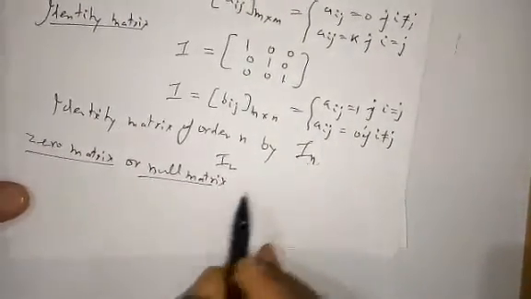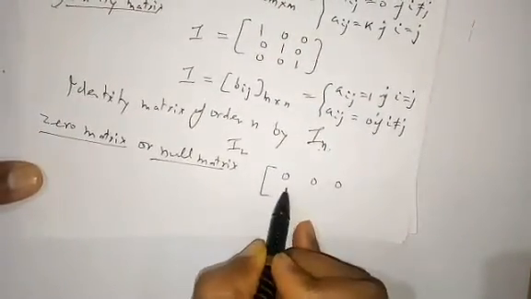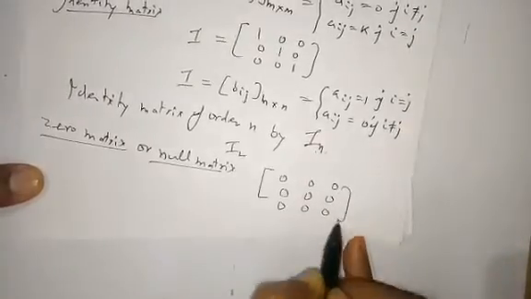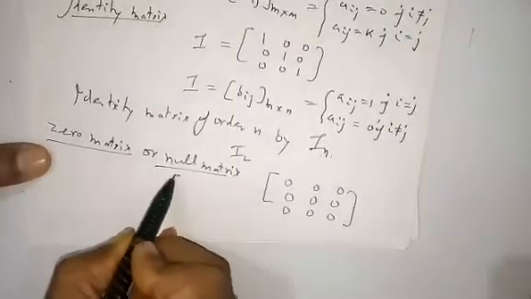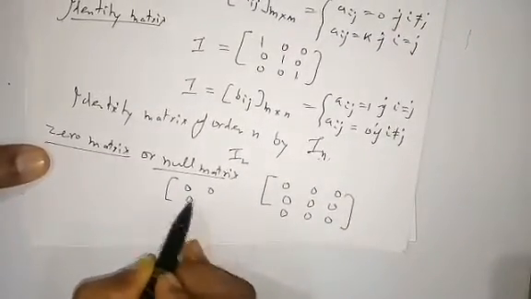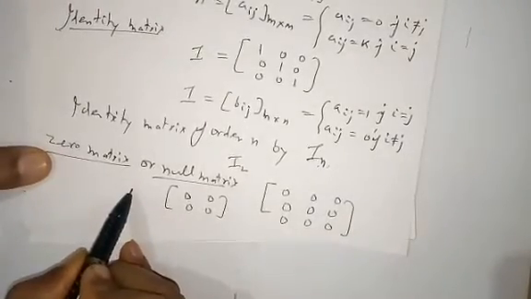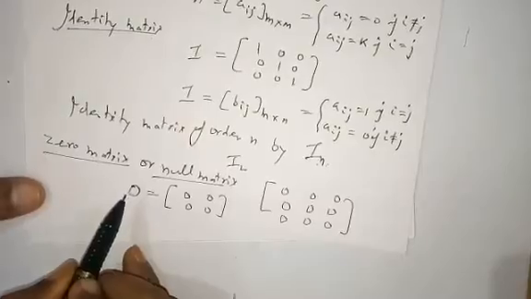The 0 matrix or null matrix is the one in which all elements are 0. This is called the 0 matrix. If all elements are 0, this is called the 0 matrix. It may be of order 2 also, and generally we denote the 0 matrix by the symbol O. O means 0 matrix.